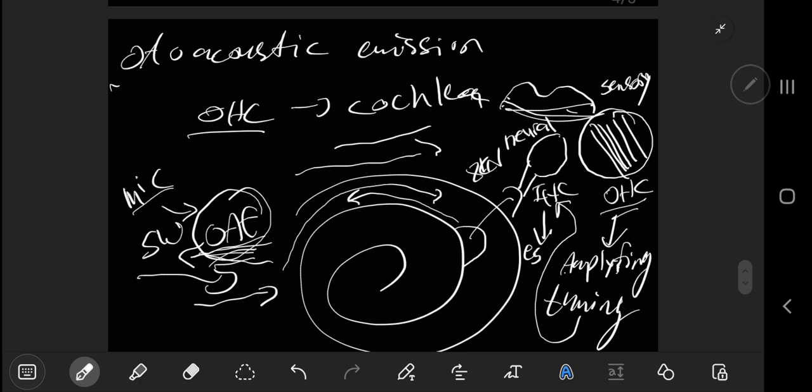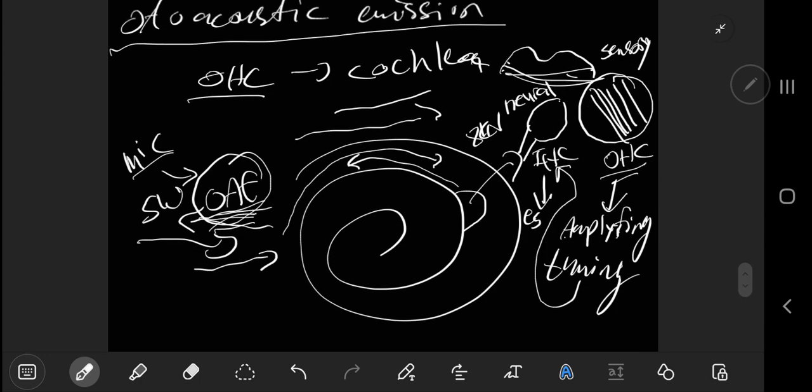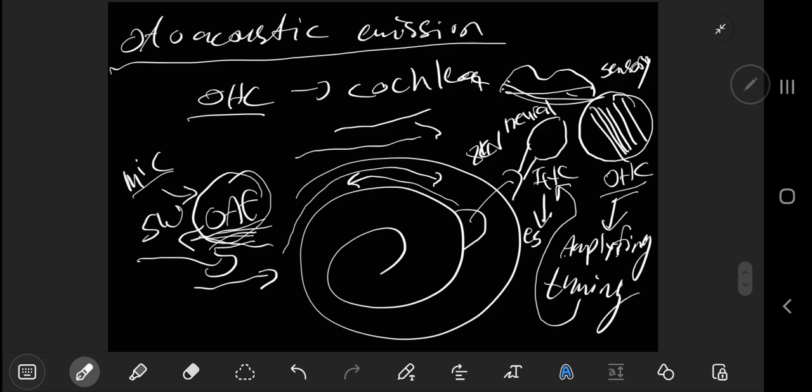And this is the otoacoustic emission test, which evaluates how those outer hair cells that can be damaged in various ways, like, I don't know, noise induction. So the otoacoustic emission tests the outer hair cells this way.